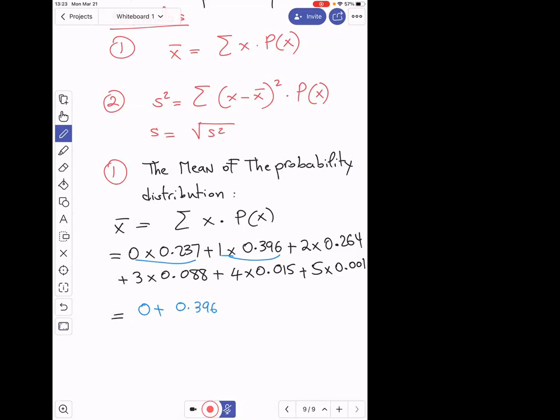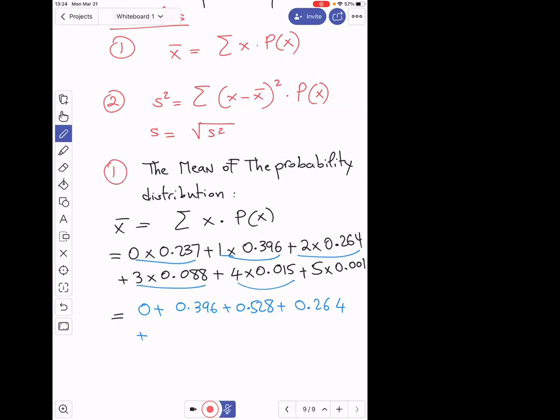Plus the next, 2 times 0.264, that will be 0.528. Plus, of course, 3 times 0.088, so that will be 0.264. Plus 4 times 0.015.